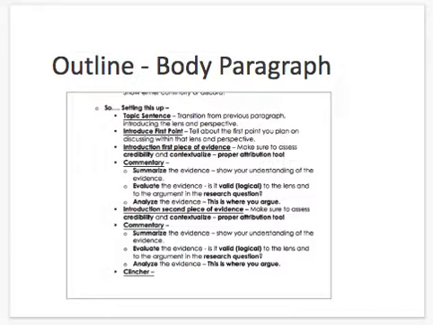So contextualize, first piece of evidence, and then in your commentary, there are three very simple ways to do this. You're going to summarize the evidence. You are going to use an evidence tag to evaluate. And then you're going to analyze the evidence for credibility and relevance. So again, summarize, evaluate, and then analyze for credibility and relevance.